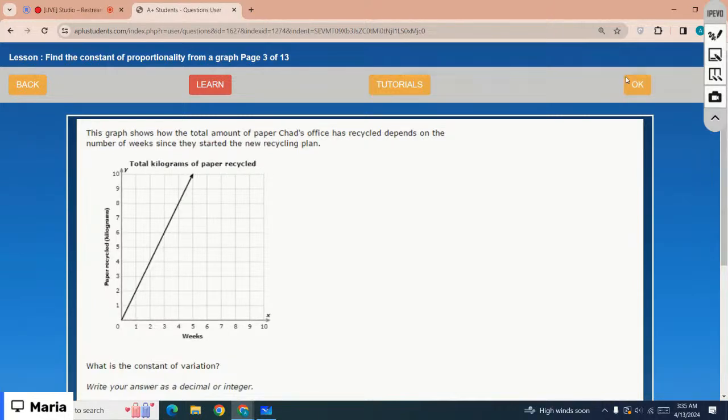Okay, the graph shows how the total number of paper sheets an office has recycled depends on the number of weeks since they started the new recycling plan. What is the constant of variation?